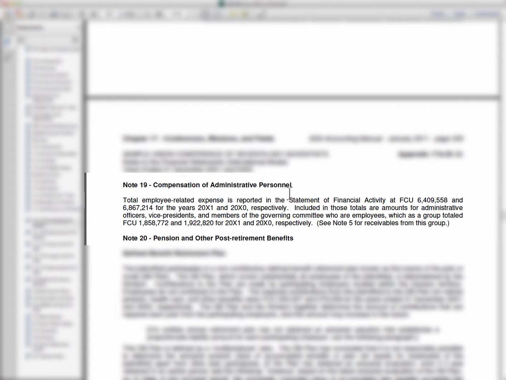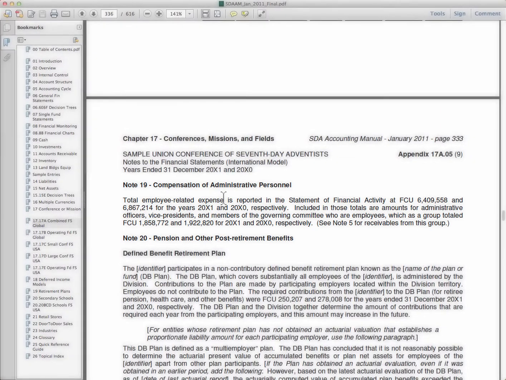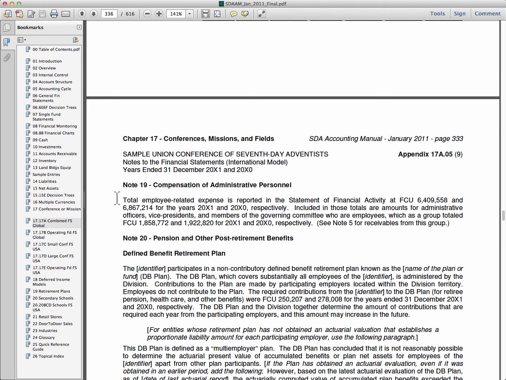Because the administrative personnel are drawing a salary, that's considered a related party transaction, and so we are required by accounting rules, generally accepted accounting principles, IFRS, US GAAP, to segregate out related party transactions as far as disclosure is concerned. And so we're required to disclose how much was paid as employee-related expense to our administrative employees.